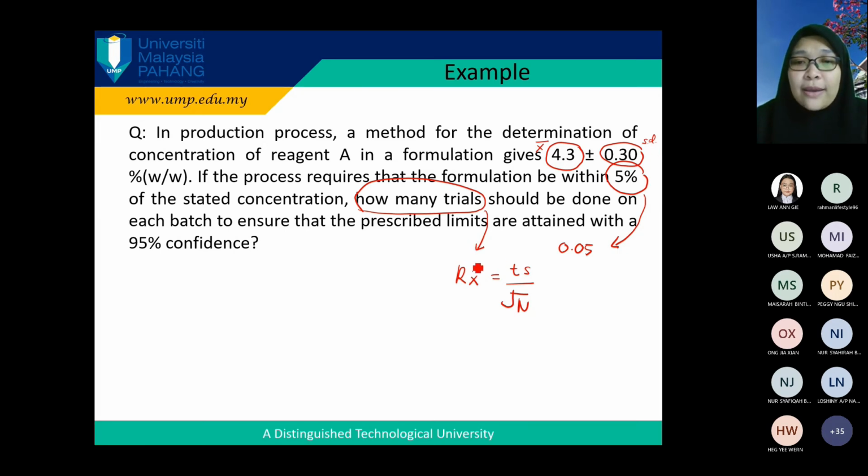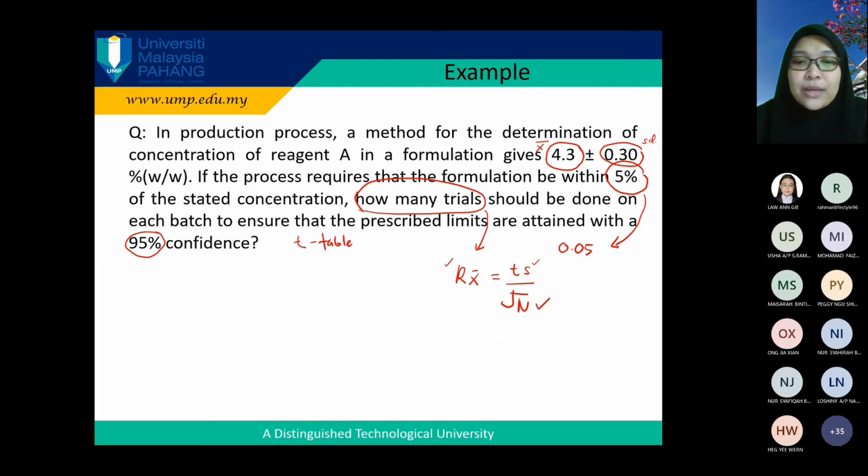Okay, so we already have R value, S value, and this 95% confidence refers to T table. So we need to find this n, number of replicates.